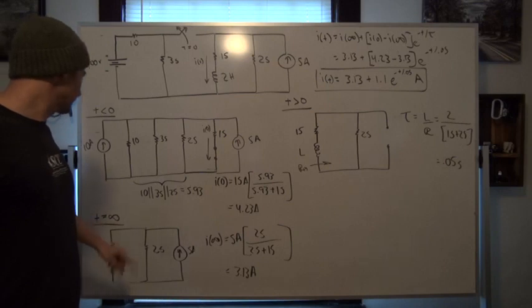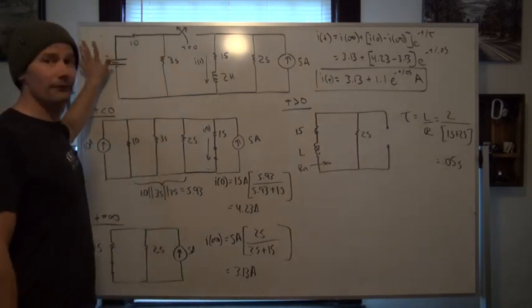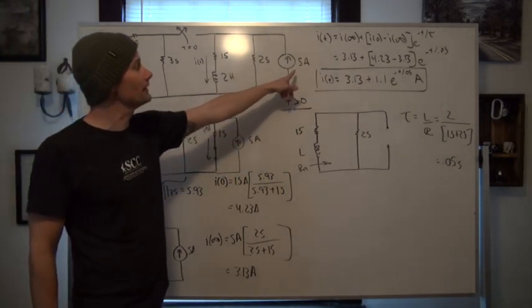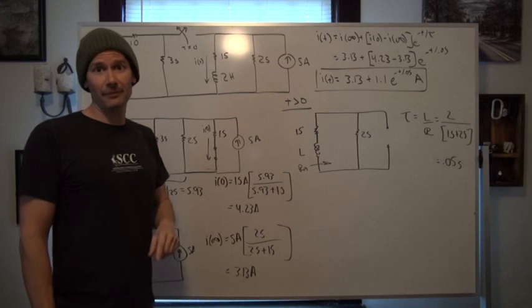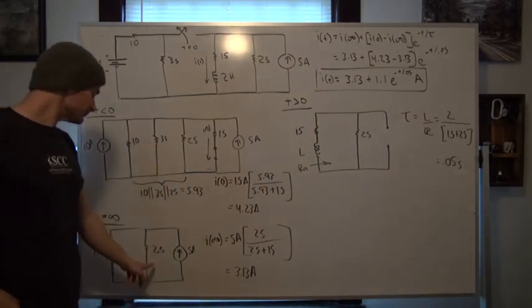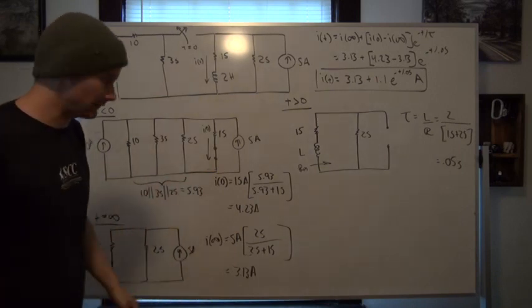From there, at t equals infinity, that switch has opened, and we cut off the left side of the circuit. So the only separate excitation within that circuit is going to be that 5 amp source. The only thing we have left is the 25 ohm resistor and the 15 ohm resistor. Once again, just do current division.